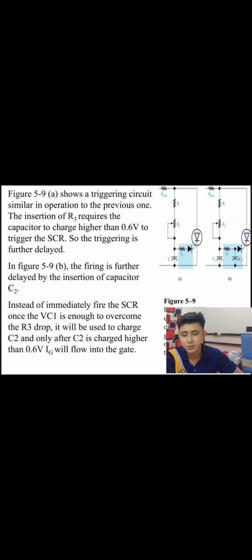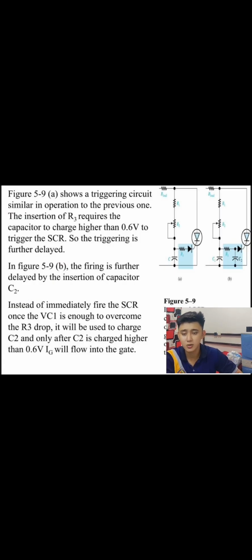The firing is further delayed by the insertion of capacitor 2, or C2, instead of immediately firing the SCR. Once the voltage across C1 is enough to overcome the resistor 3 drop, it will be used to charge capacitor 2, and only after capacitor 2 is charged higher than 0.6 volts will the IG flow into the gate.